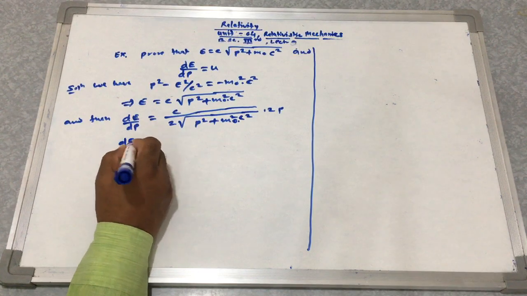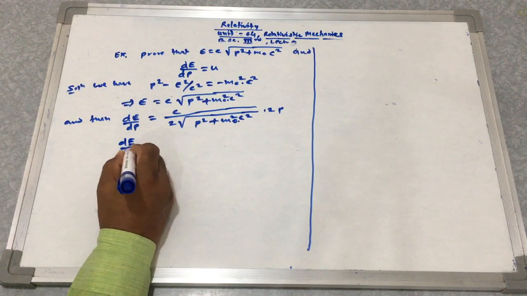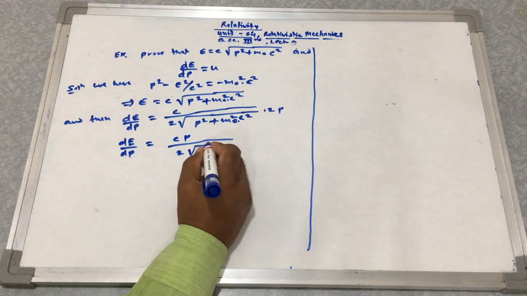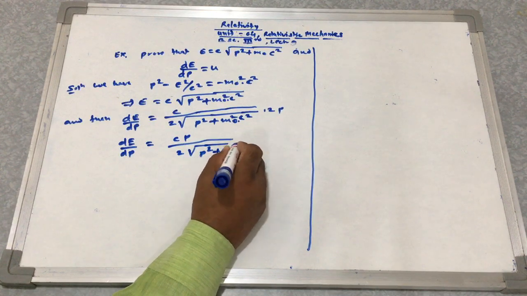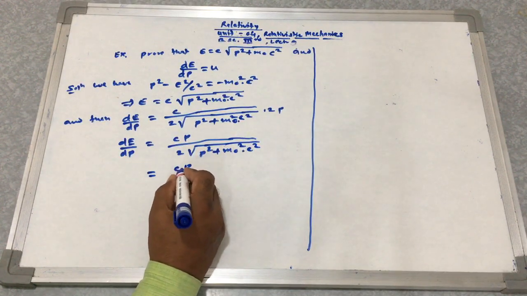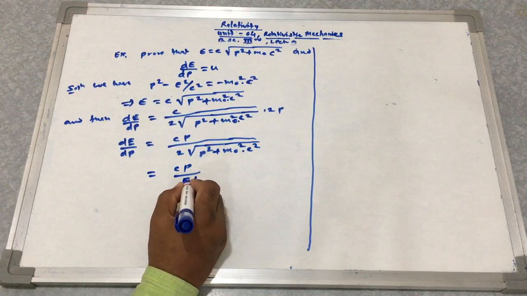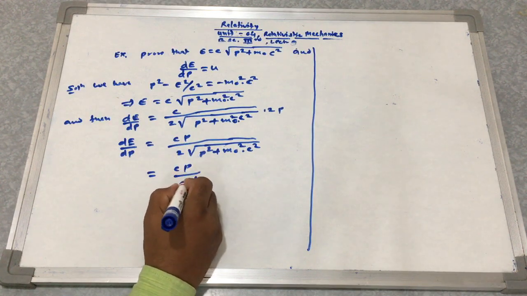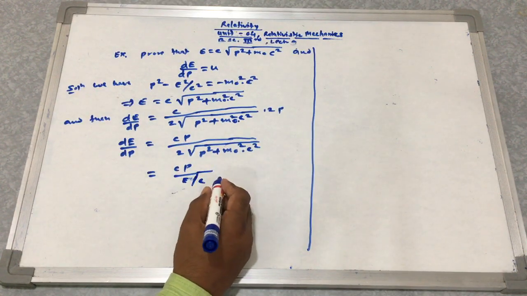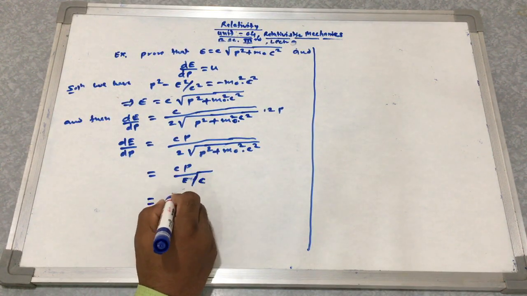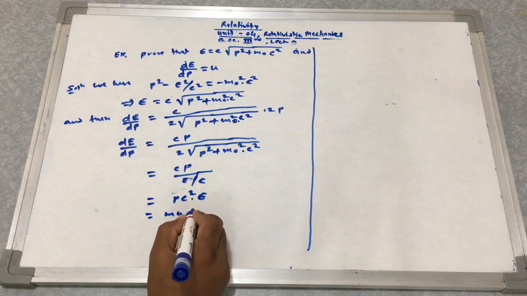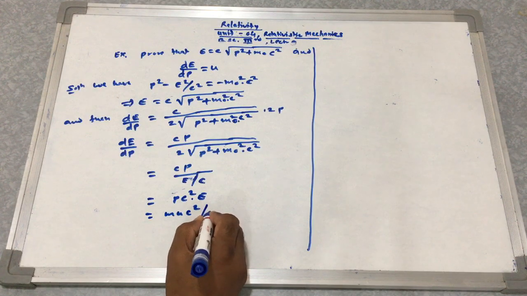So that is the derivative of E with respect to P, that is cP upon 2 under root of (P square plus m0 square c square), that is equal to cP upon E/c, that is equal to P c square upon E, that is equal to m u c square by m c square.